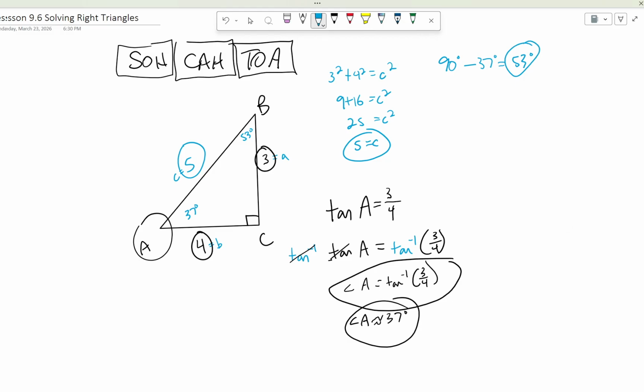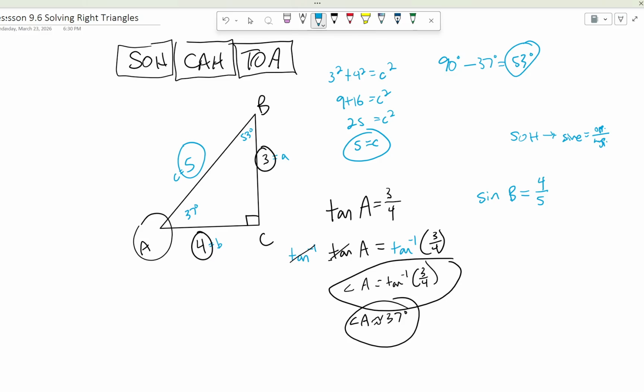I'm going to say, well, let's use sine. Let's take the sine of B, which is the opposite 4 over the hypotenuse 5, right? Sine is the opposite over the hypotenuse.